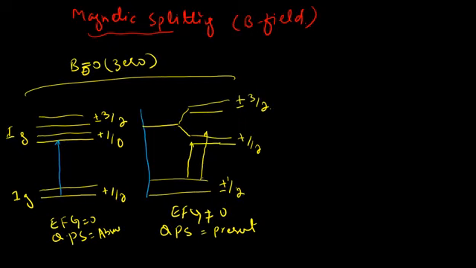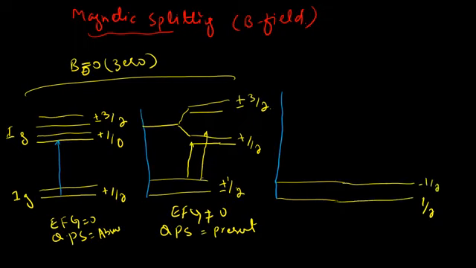So when we apply the magnetic field, in the presence of a magnetic field, there is further splitting of the energy levels. The ground state will be the same, with two states, plus 1 by 2 and minus 1 by 2, but there will be further splitting in the case of the excited state.